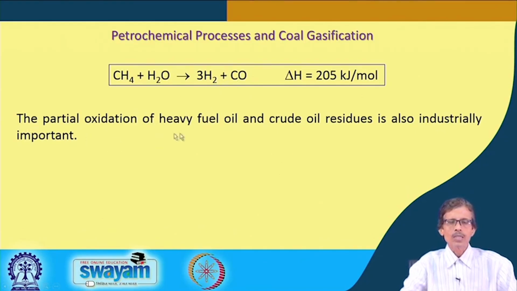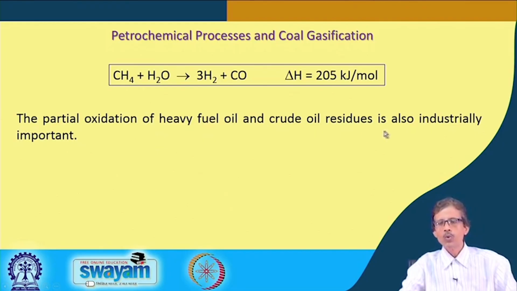The partial oxidation of heavy fuel oil and crude oil residues is also industrially important. All these fuel oils, we know, are hydrocarbons, so these hydrocarbons or crude oil residues can also be oxidized for the production of hydrogen.